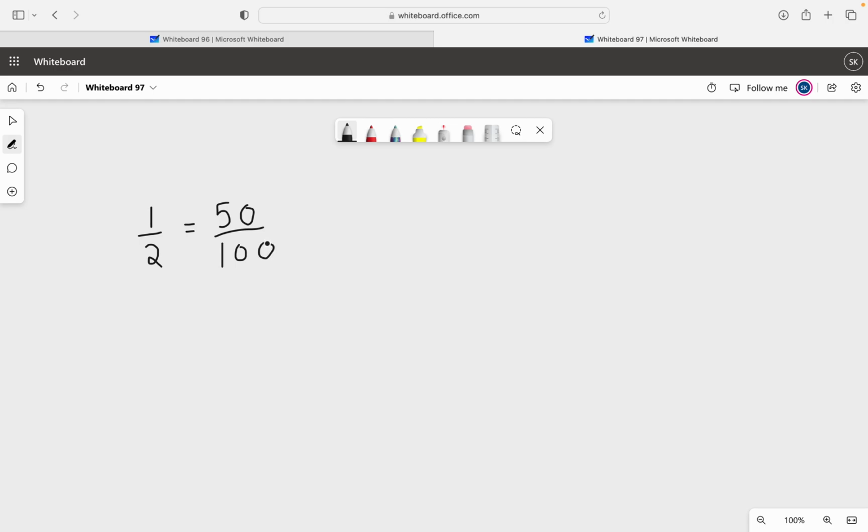Alright, now what happens here? This is half. When you simplify this, 50 times 1 is 50, 50 times 2 is 100. So half is equal to half, which is correct, right?